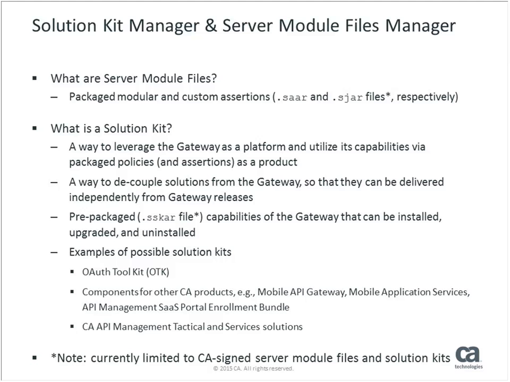The idea here is also that in the future, if you've ever worked with our tactical engineering team and our services team, they'll also be able to deliver policies and assertions to you as a solution kit. Again, they'll be easily installable, uninstallable, and upgradable as well.